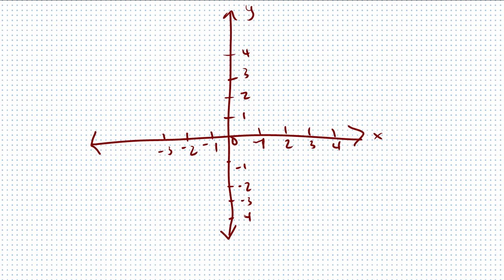All right, so I've got an input and an output. So I've got -3, +4, and I'm going to label that (-3, 4).